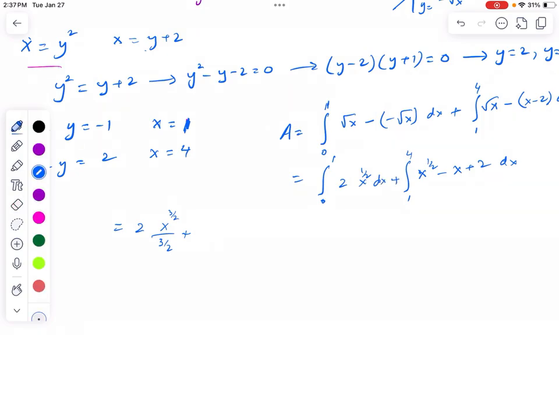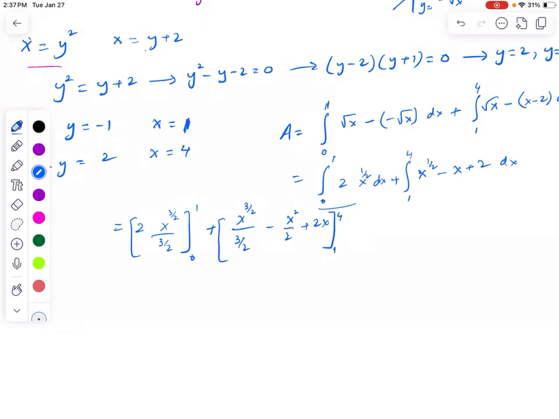This will give me 4 over 3 plus, so we put 2 over 3 x to the 3 halves minus x squared over 2 plus 2x, and the bound in 4 over 3.